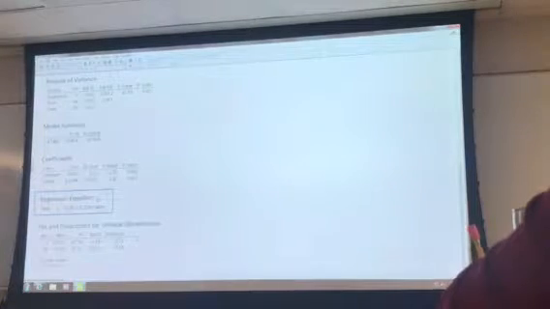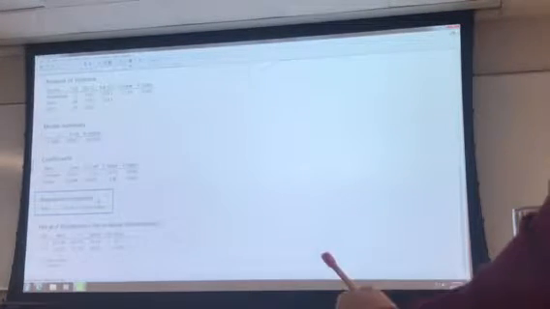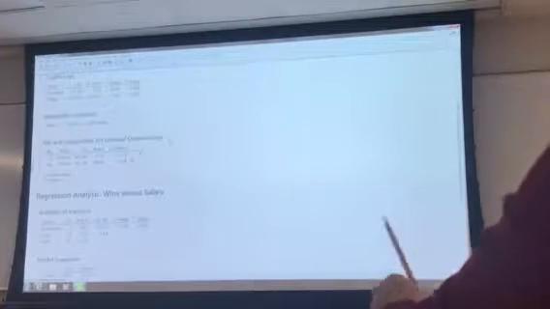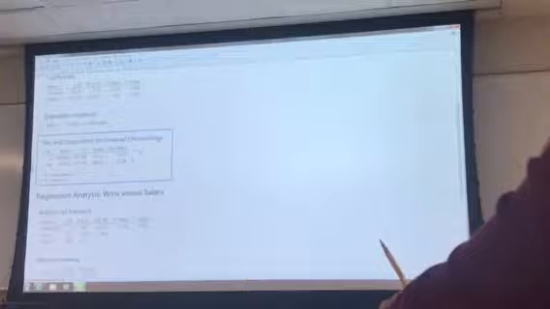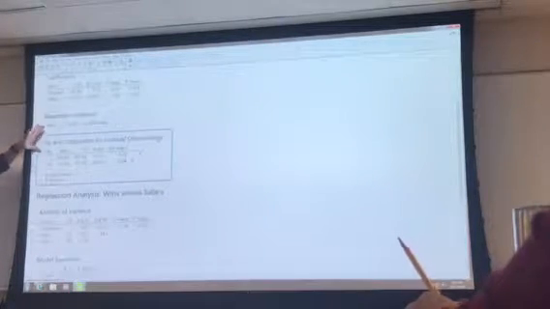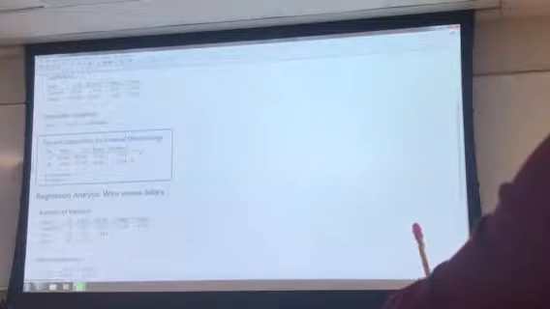All right. Now, the last thing I wanted to point out to you guys is down here at the bottom. At the bottom, Minitab gives us a little box for what it calls unusual observations.